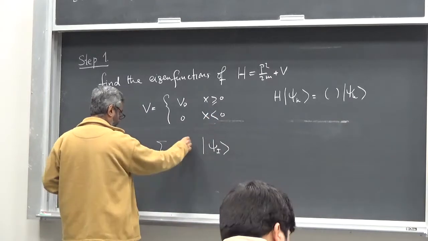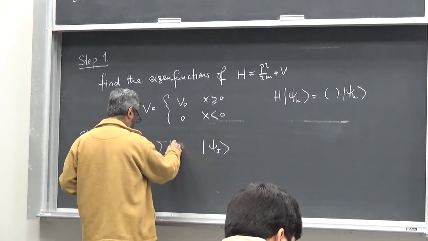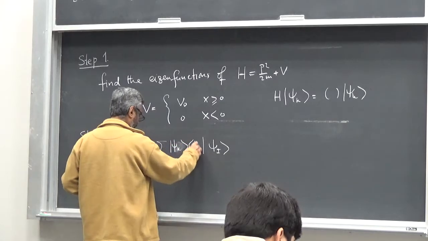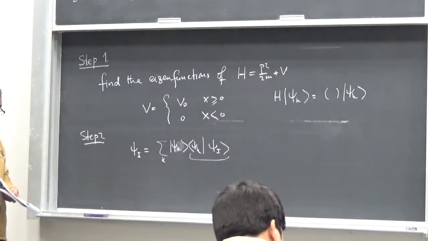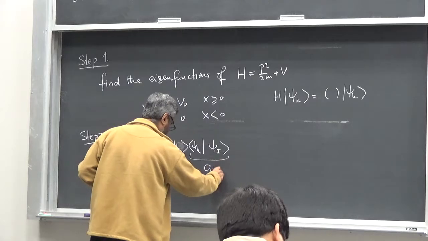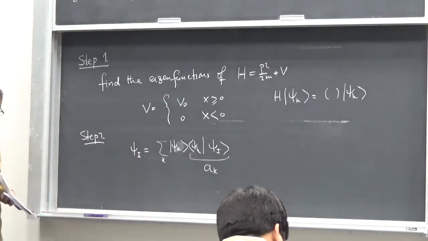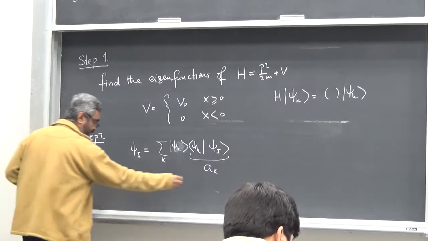And so this will be sum over k of A of k, psi of k. So you have to find these.